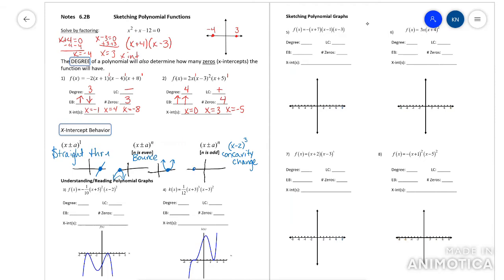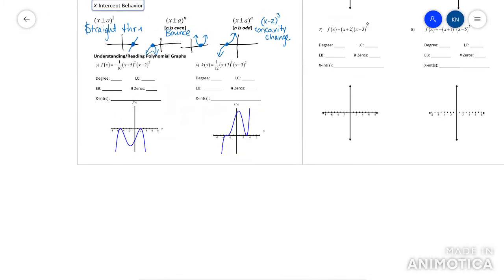So imagine it was here. It would be like this. See how it's a concavity change, just like a cubic function? Again, those are kind of rare, but the exponent of each factor matters. It makes a difference as to what actually happens at that x-intercept. It's going to help you graph it a lot. So keep that in mind. All right, let's look at these problems.